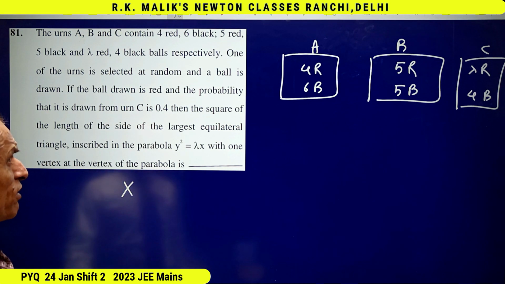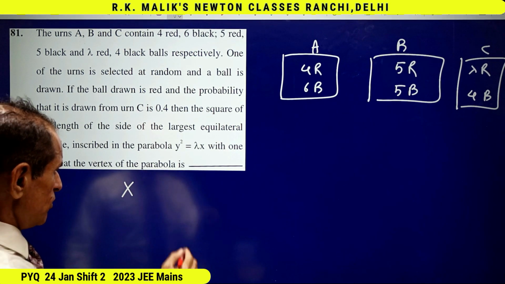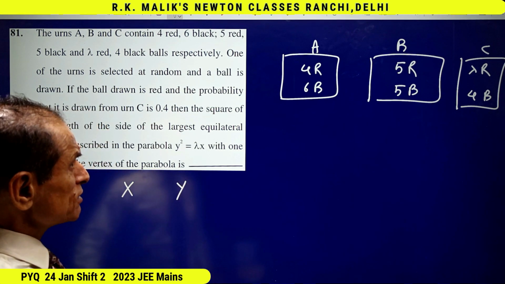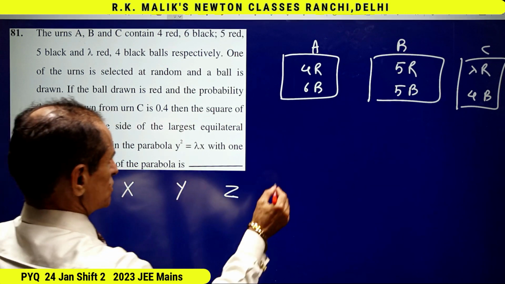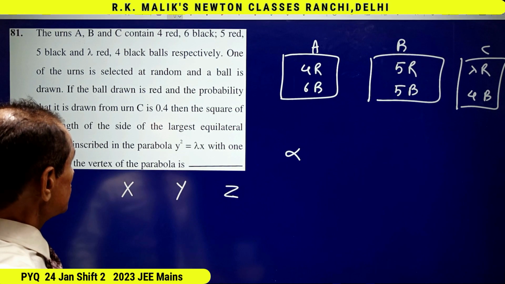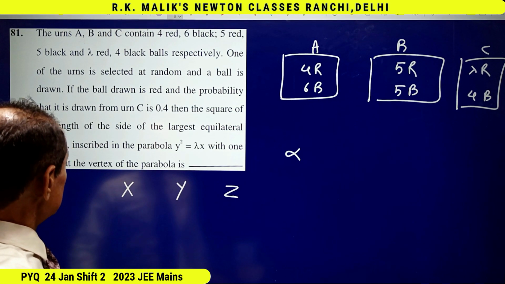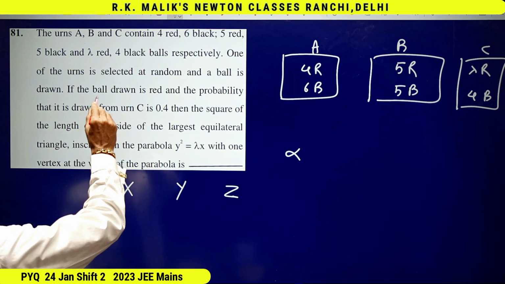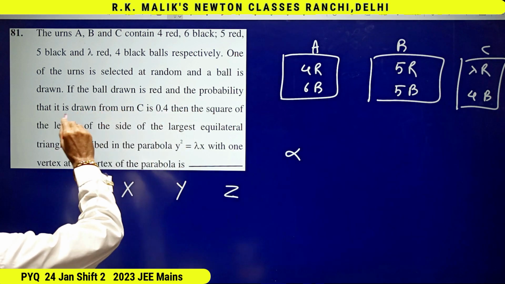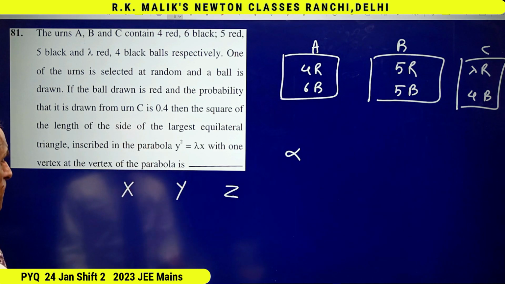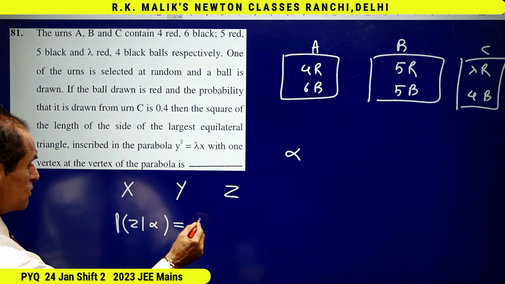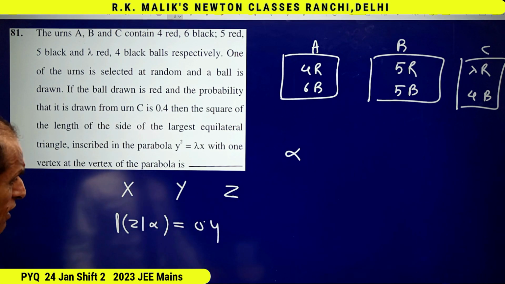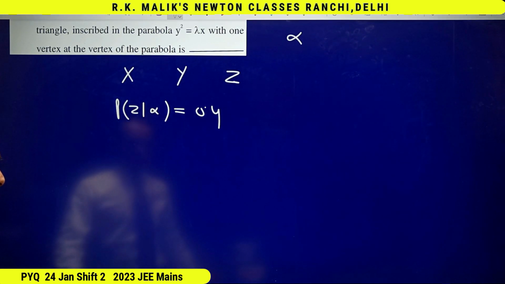Suppose X denotes the event that we have selected the urn A, Y denotes the event that we have selected the urn B, and Z denotes the event that we have selected the urn C. Suppose alpha denotes the event that the selected ball is red, and because it is given that if the ball drawn is red, the probability that it is drawn from the urn C is 0.4, it means probability of Z when alpha has already happened is 0.4.